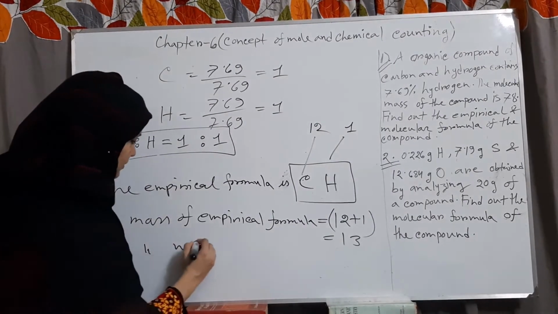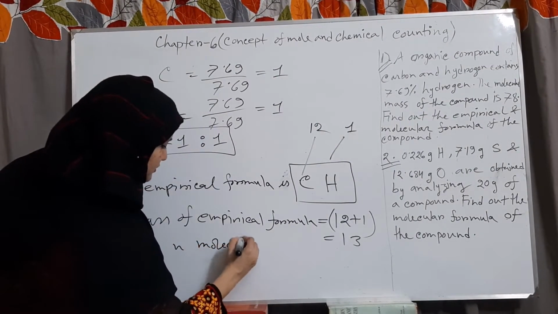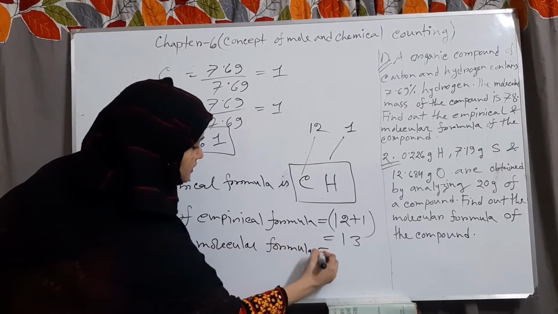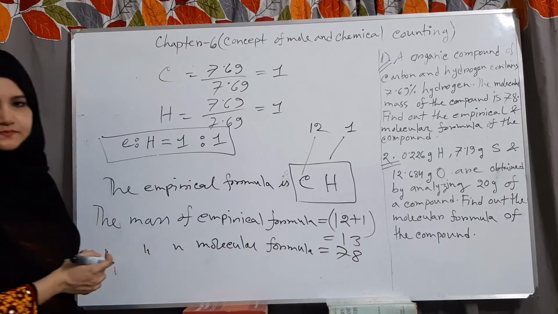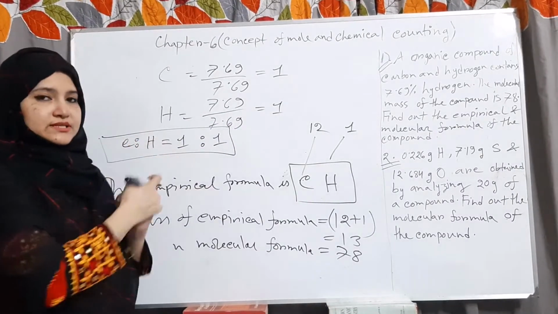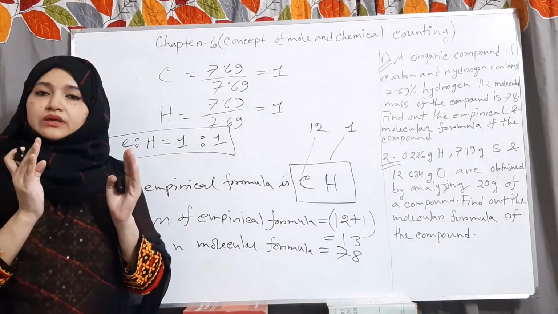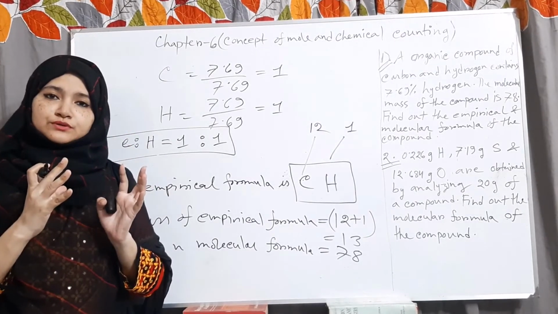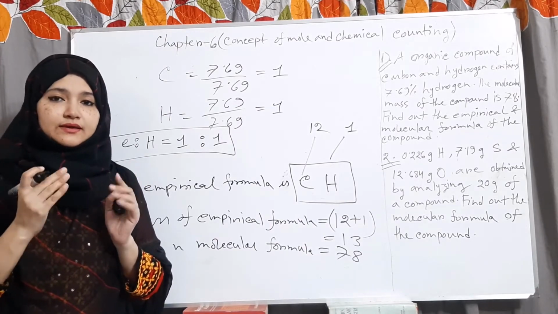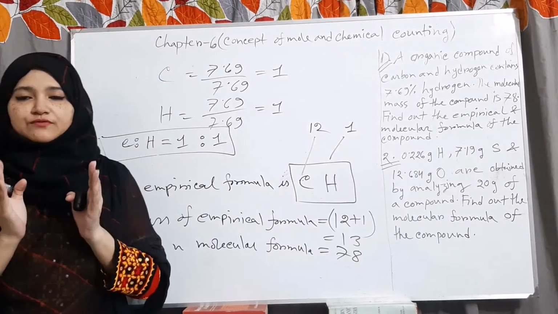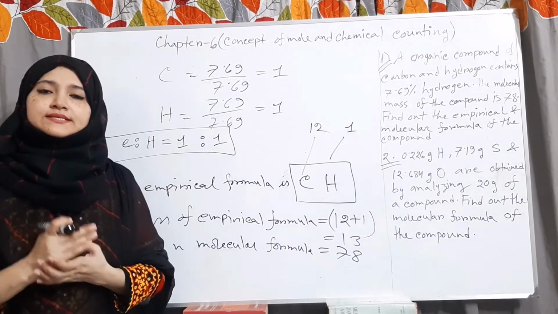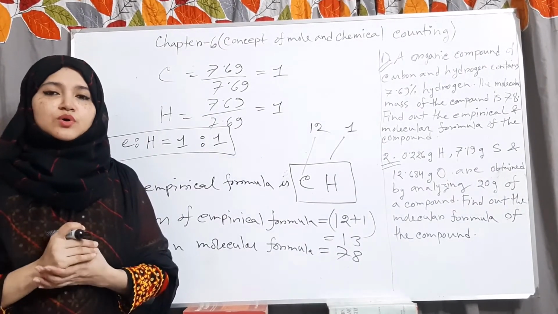Now, the molecular mass is given. The mass of the molecular formula is equal to 78. Now, from these two masses, we have to find a whole number factor represented by small n.